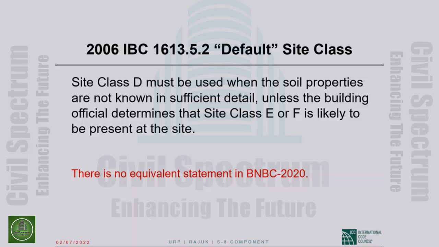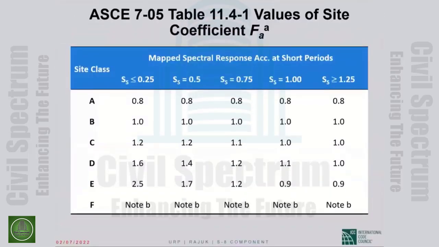If the building department tells you that they have indication that class C or F soil exists, then that becomes the default site class, not D. But otherwise it is D. BNBC does not have an equivalent statement. I do not know why, but it does not.